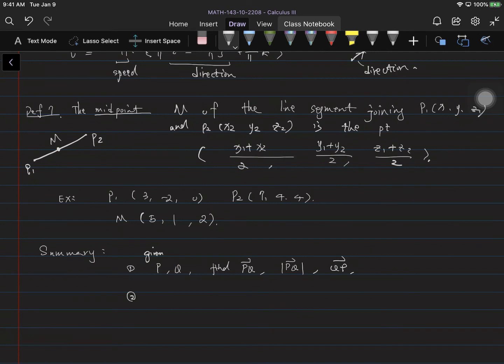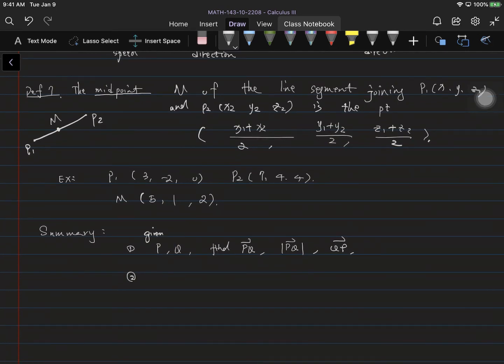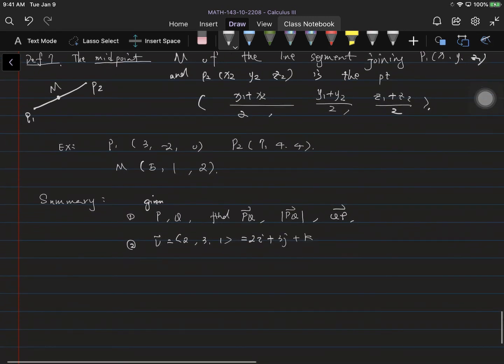Second, how to express a vector such as 2, 3, 1 as 2i plus 3j plus k. The first is called component form, the second is called vector form. And number 3, how to find the unit vector by using the vector divided by its own length. This is also called the direction of the vector.